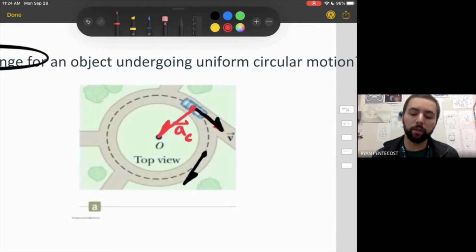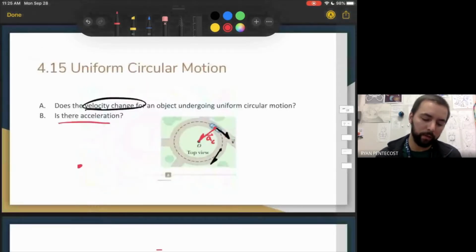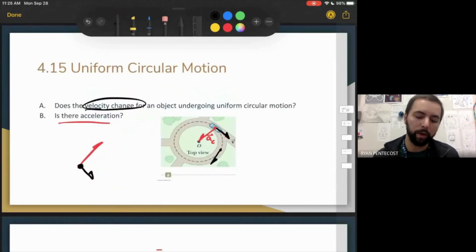Now, for us to change the speed, right? Let me draw another vector over here. Let's say that we have a vector coming off at this direction, right? But then we have a changing vector that wants to change that arrow coming off at a 90-degree angle.